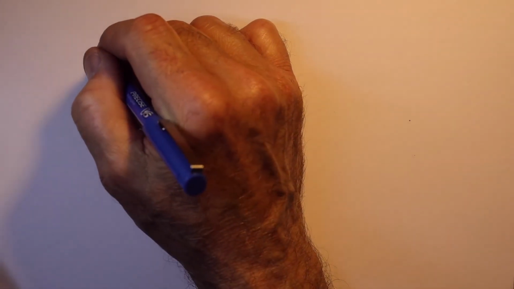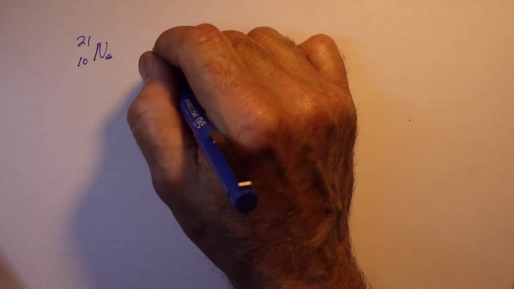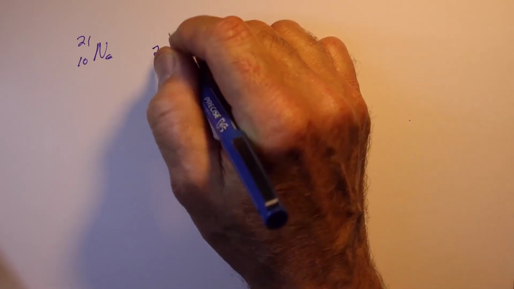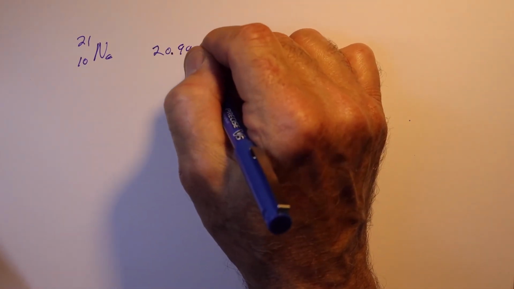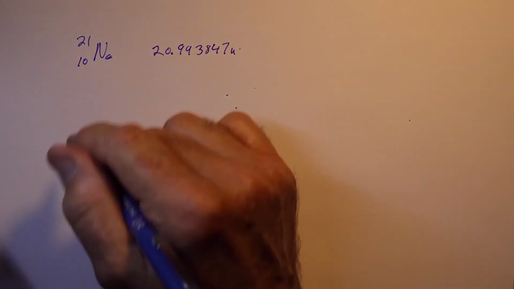Let's try another. Neon-21. It's an isotope of neon. The nucleus has a mass of 20.993847 atomic mass units.